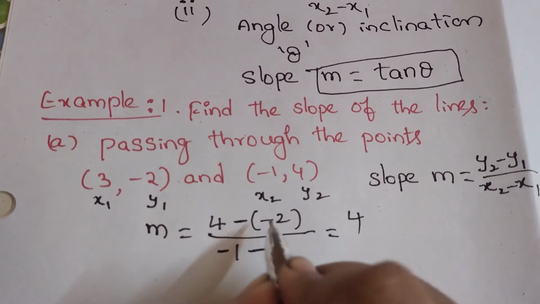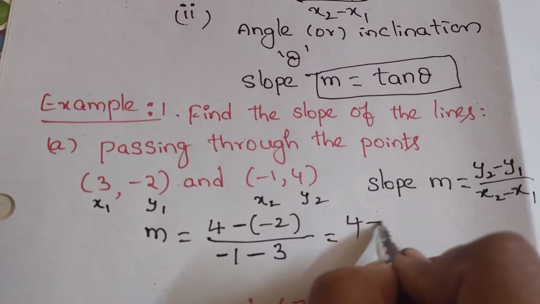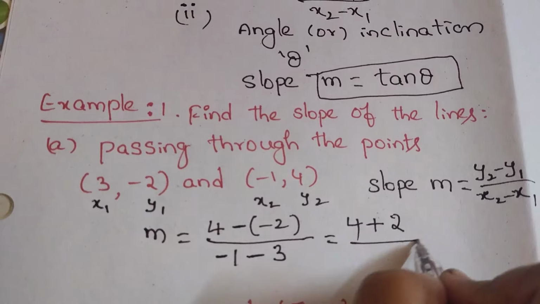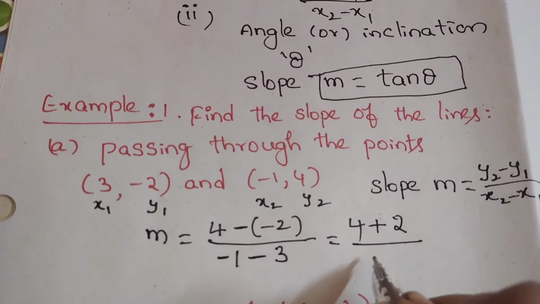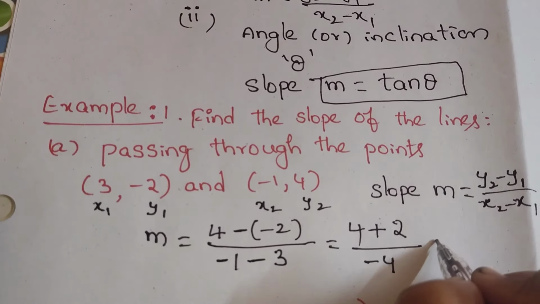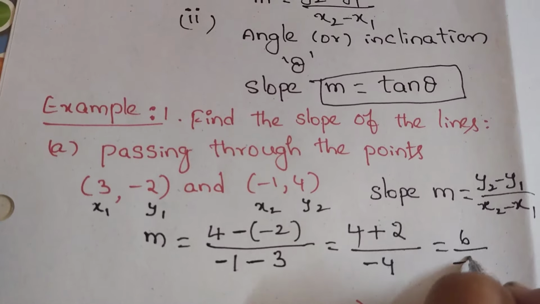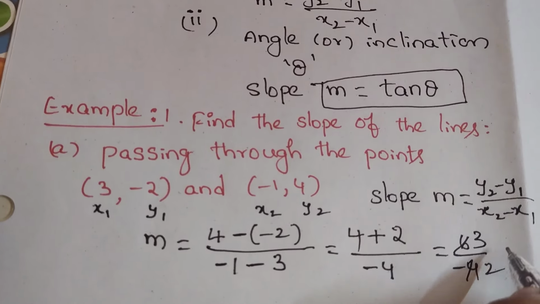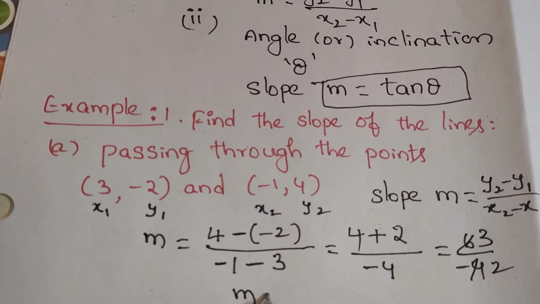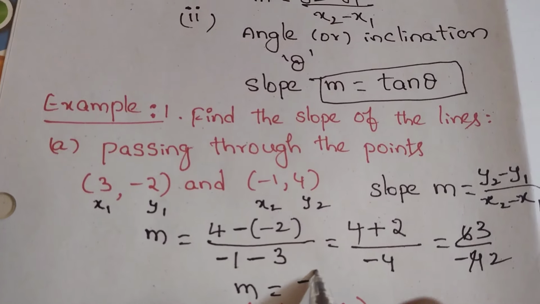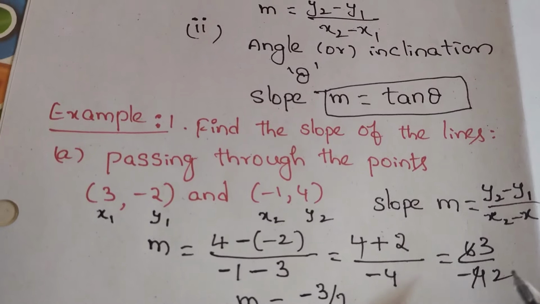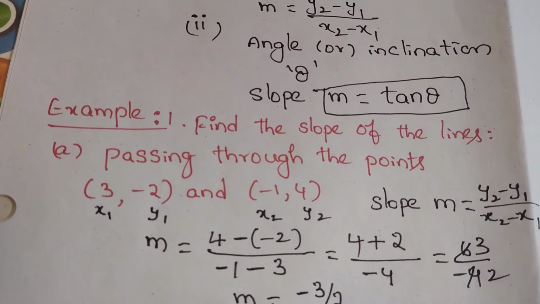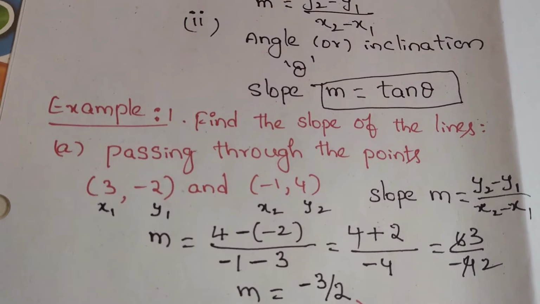Now remove the brackets: minus into minus is plus, so 4 plus 2 is 6, divided by minus 1 minus 3, which is minus 4. So 6 by minus 4. Two threes are six, two twos are four. So the slope of this line is minus 3 by 2. I'll take the minus in the numerator. That is, minus 3 by 2 is the answer.